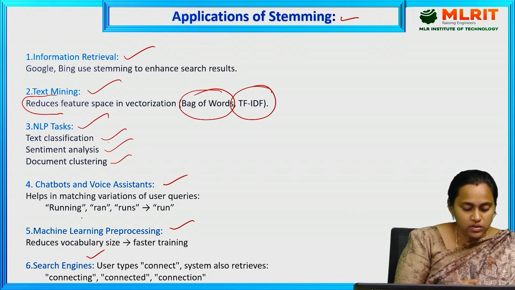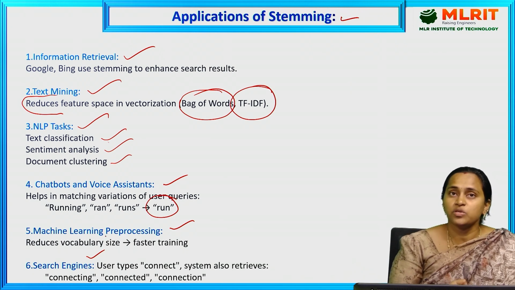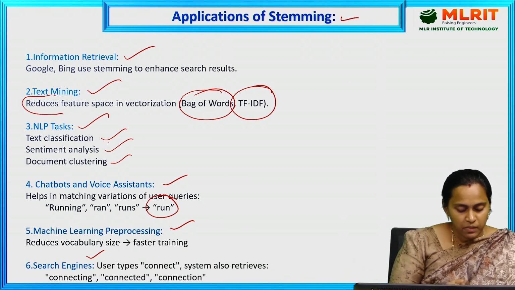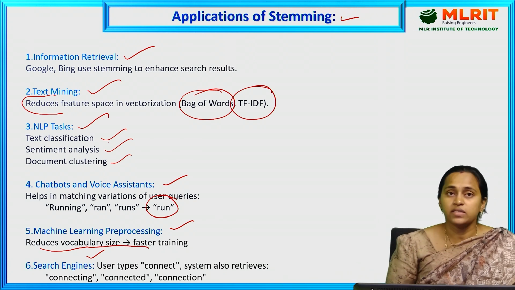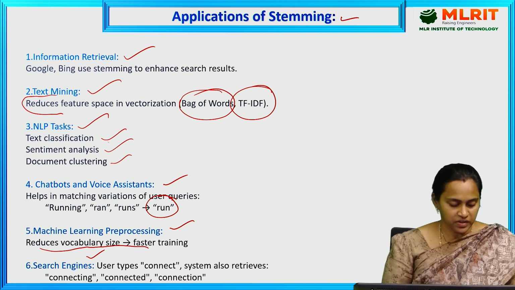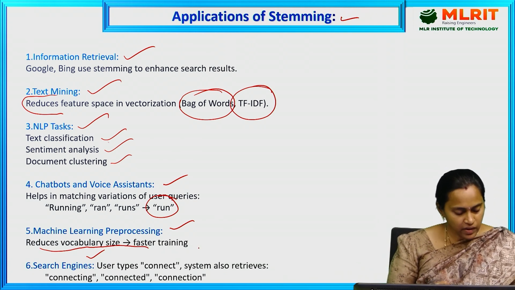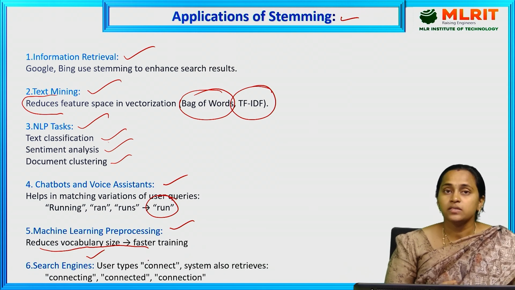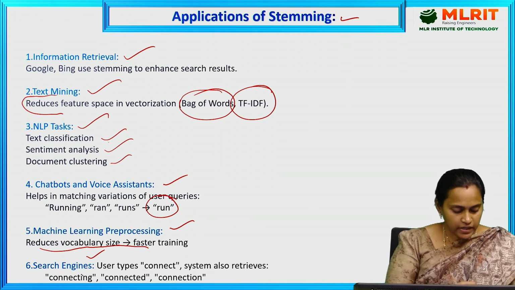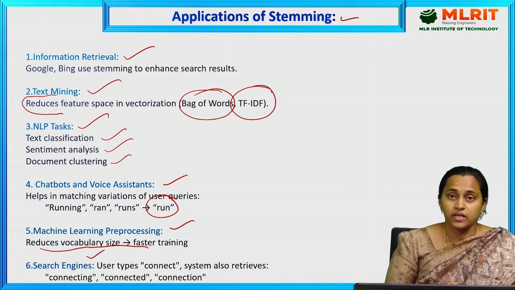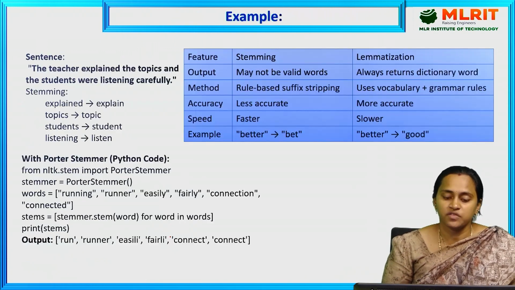Chatbots take questions and give answers. Machine learning pre-processing reduces the vocabulary size and gives faster training. Search engines need words connected, so we can retrieve the answers. This is all about the applications of stemming.